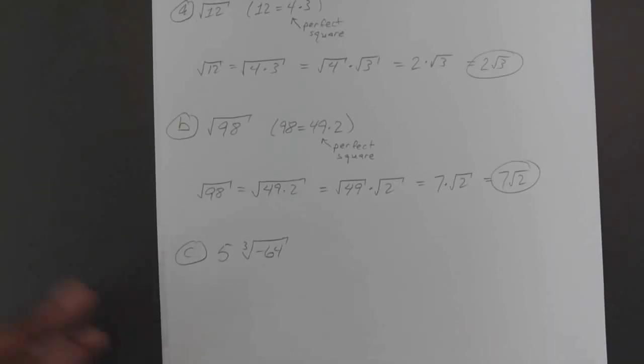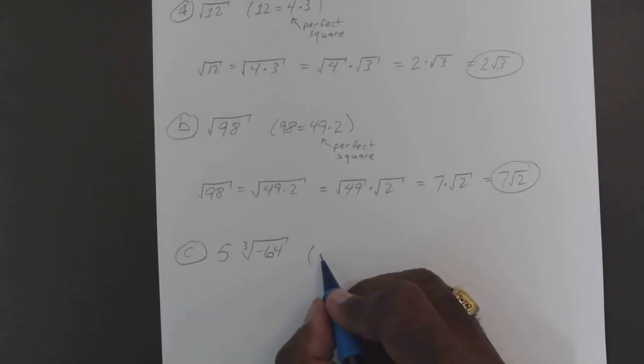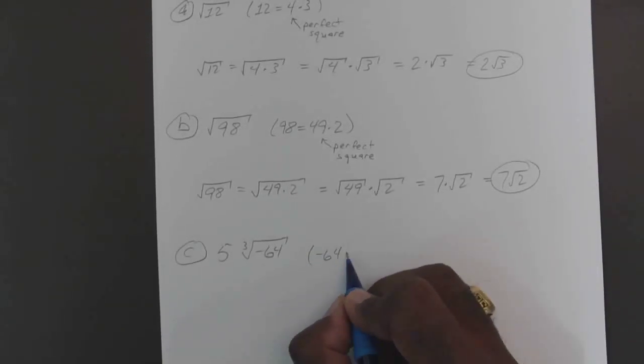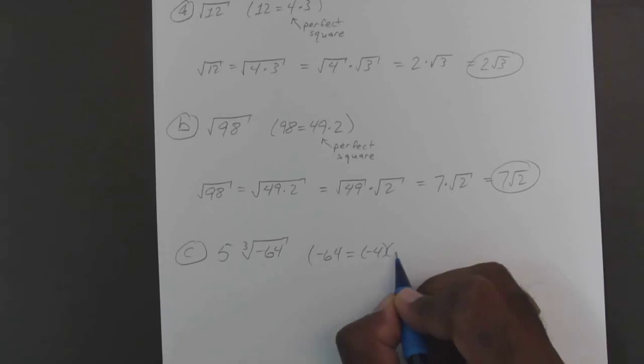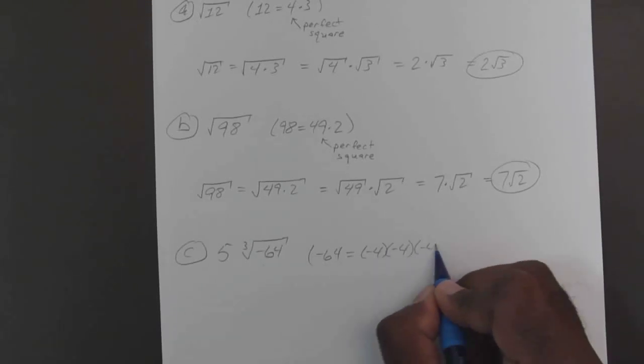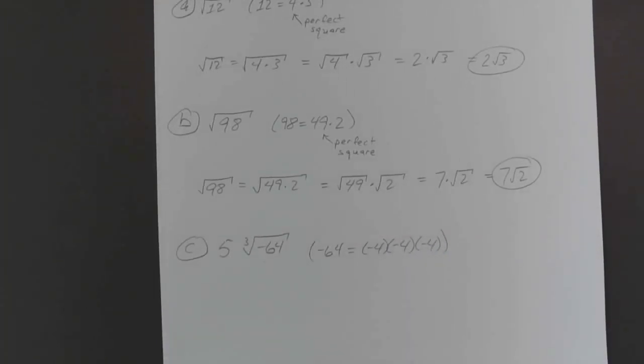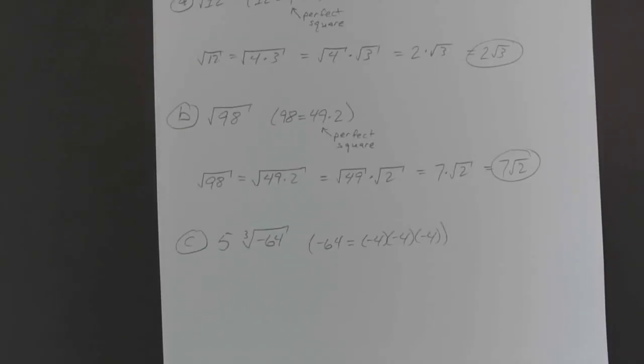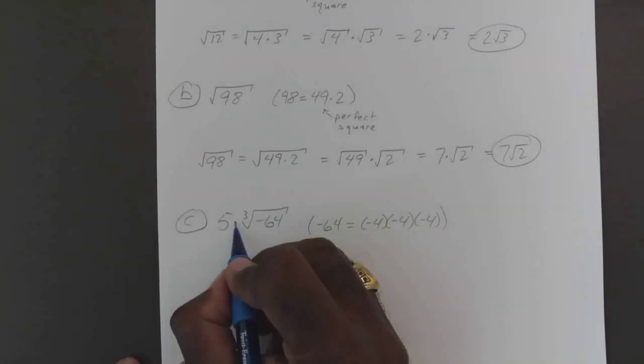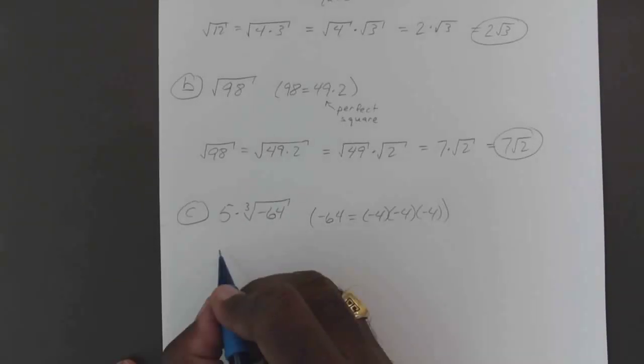So we don't really have to simplify that one, as far as breaking it down to something smaller. So that's negative 4 times negative 4 times negative 4. I might as well put the multiplication sign there.